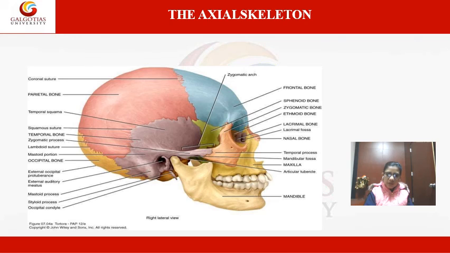On the face side, you can see this is sphenoid bone, then lacrimal bone, ethmoid bone, then nasal bone, and here you can see the articular tubercle which joins the temporal bone and the temporal process. And this bone is the mandible.